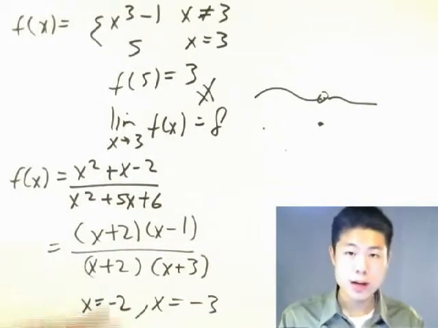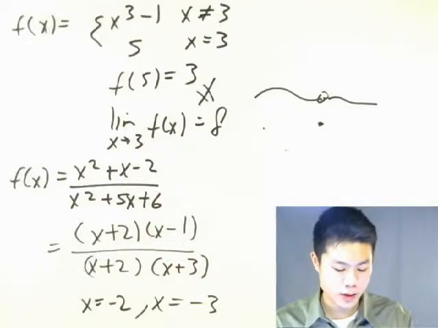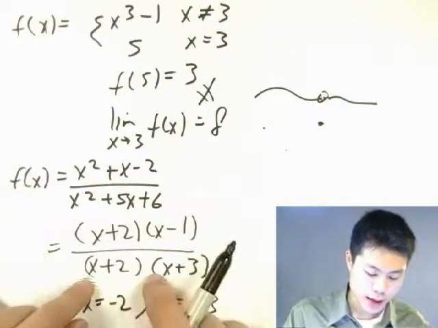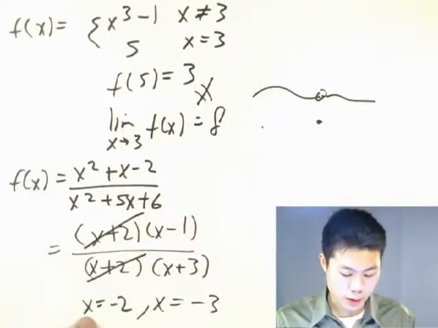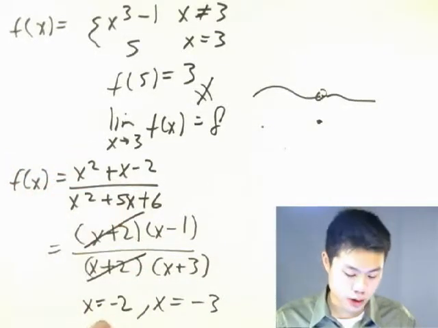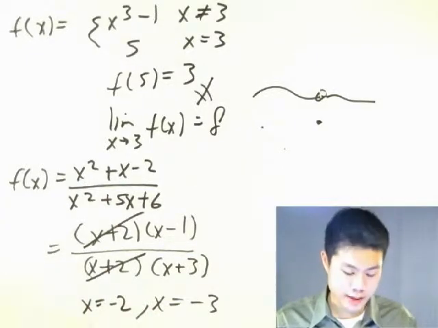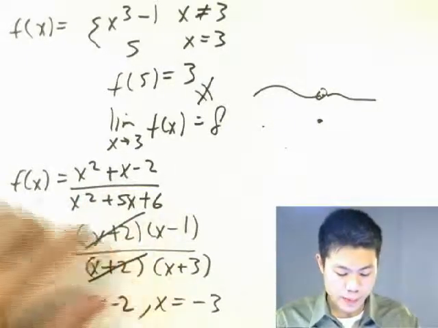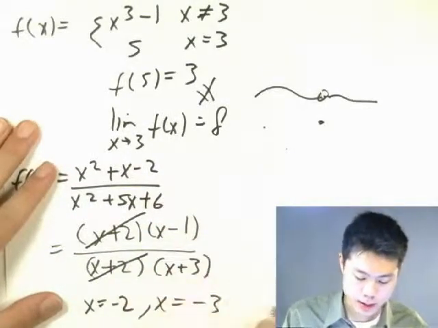Okay. Second question, is it going to be a removable or a non-removable discontinuity? So we see here that we can cancel x plus 2 from both the top and the bottom. So therefore, we're going to have a hole at x equals -2. So the function has a removable discontinuity at x equals -2. But then what we have remaining here is x minus 1 all over x plus 3.